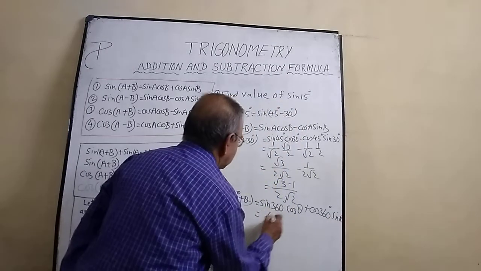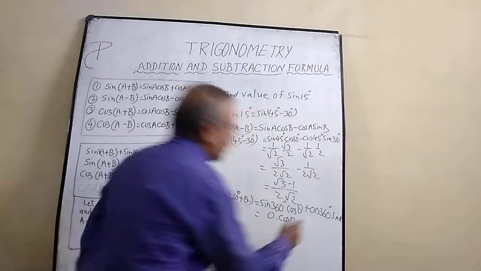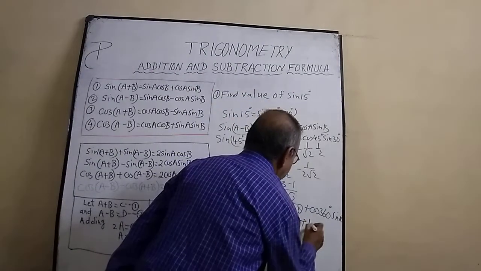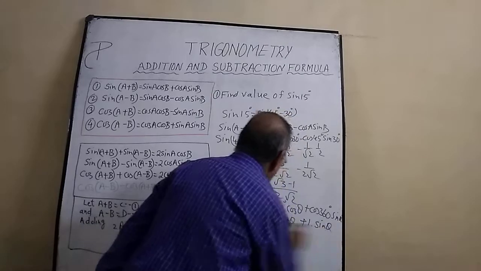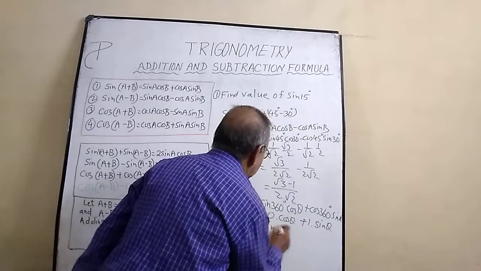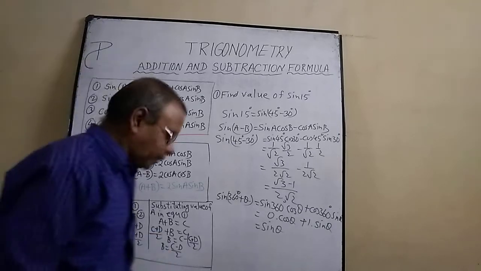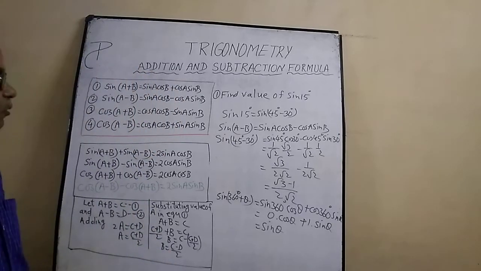Sin 360 is 0, so 0 into cos theta, plus cos 360 is 1, so 1 into sin theta, and that is equal to sin theta. We can say it's a shortcut method. This is also an important feature of these four relations.